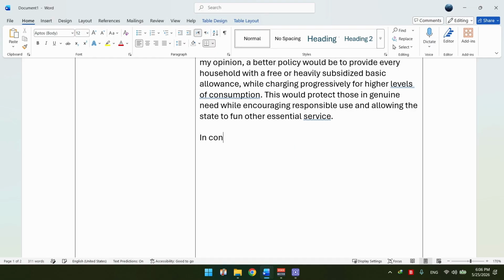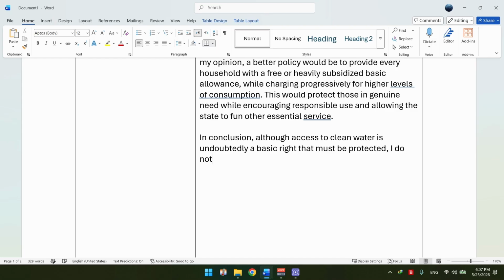So, in conclusion, although access to clean water is undoubtedly a basic right that must be protected, I do not believe it should be free for all.